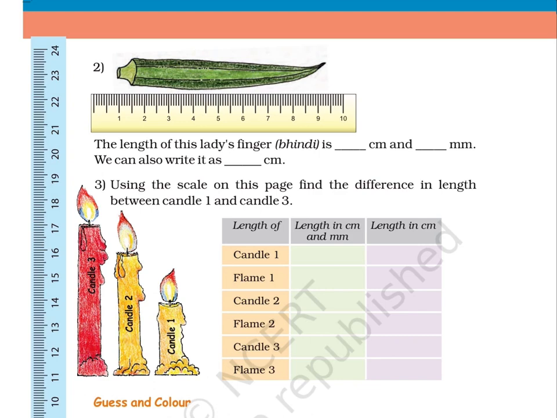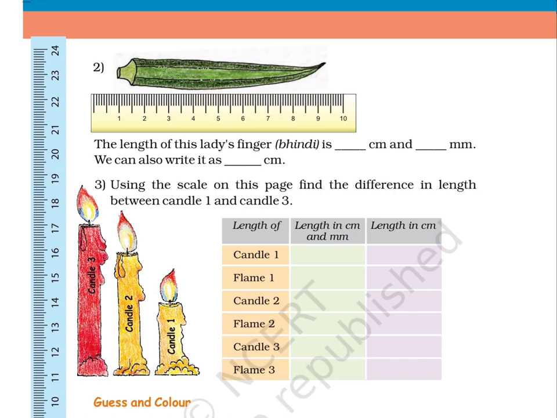3. Using the scale on this page, find the difference in length between candle 1 and candle 3. On the left side of the page, we can see 3 candles of different sizes. There is a table of 3 columns and 6 rows to the right side.